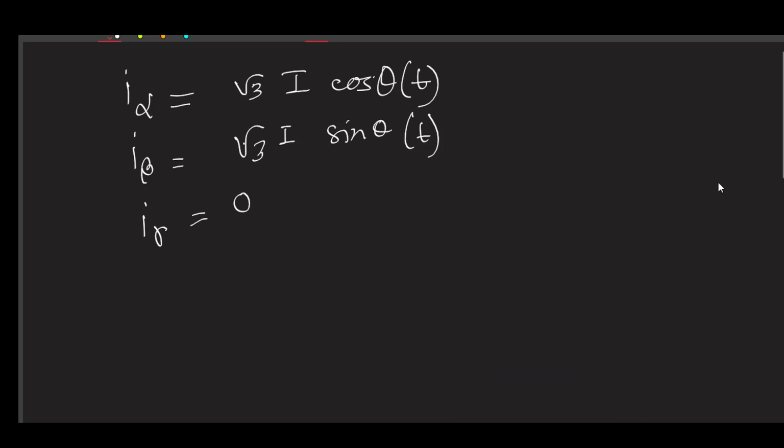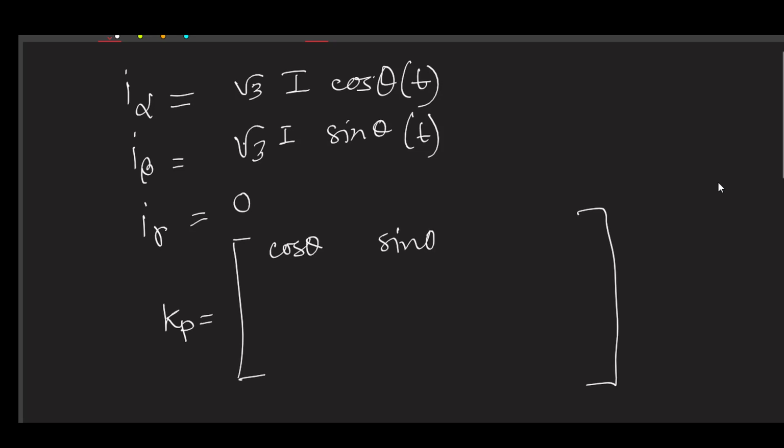So what Robert Clarke did was bring another matrix that is known as the park transformation matrix, where theta is the instantaneous angle of an arbitrary frequency omega, where omega is your rotor speed.